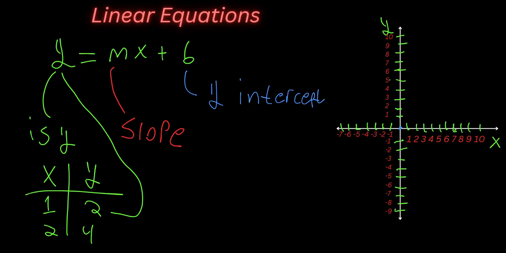All right, and now just realize that x is the same thing. X is a given value. So you have your slope, you have your y-intercept, and you have your given values.